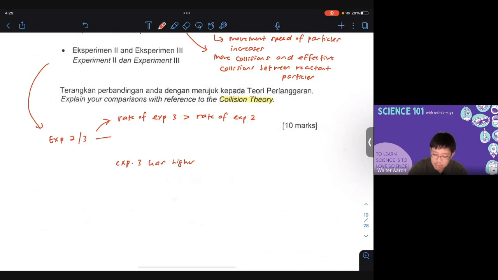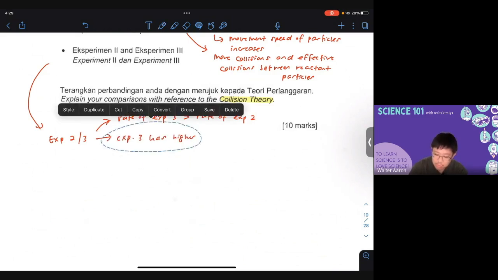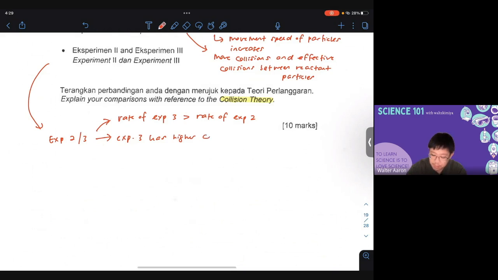Then you say here that experiment 3 has a higher concentration of HCl. So this leads to higher concentration of hydrogen ions.